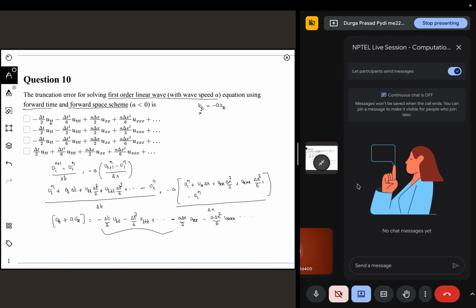I think they would have taken this to the other side. So this entire term taken to LHS will become the truncation error. That is option number 4. Is there any question? I think this is a straightforward one. I don't think there are any questions.